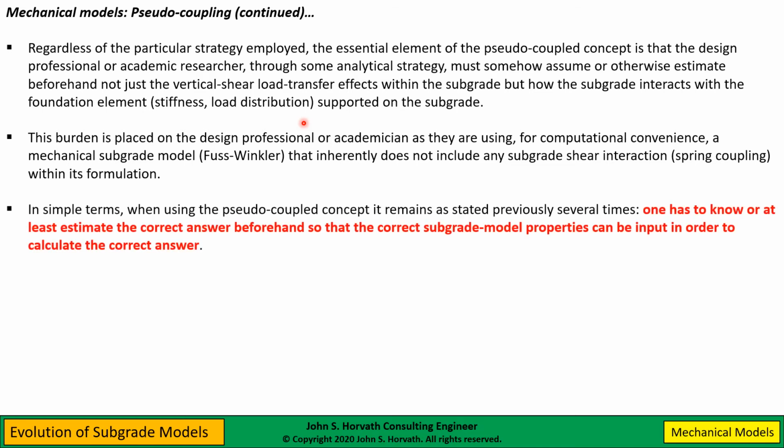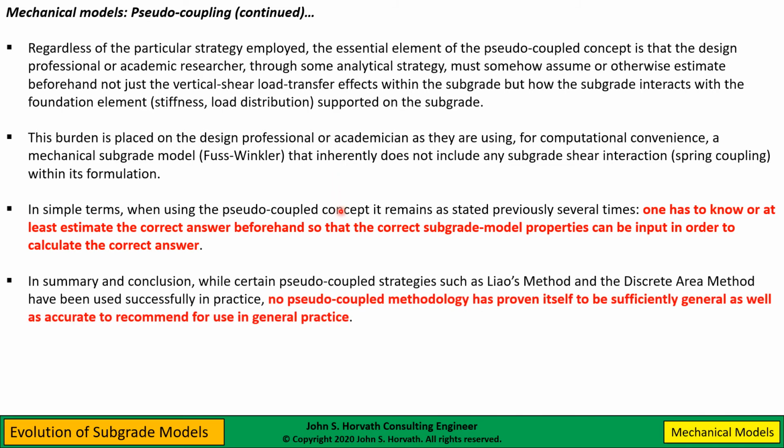So we can't get away from it. With pseudo coupling, you're still coming down to the fact that somehow you need to know or estimate the correct answer beforehand so you can input it to calculate the correct answer. The bottom line is I am obviously not a fan of the pseudo-coupled concept.